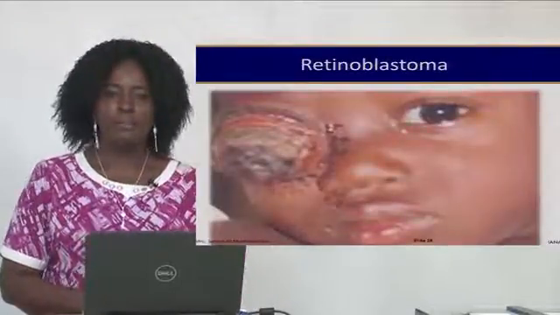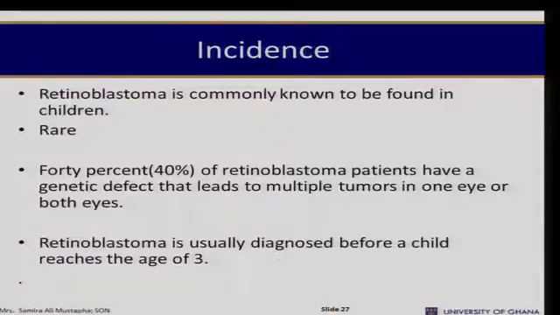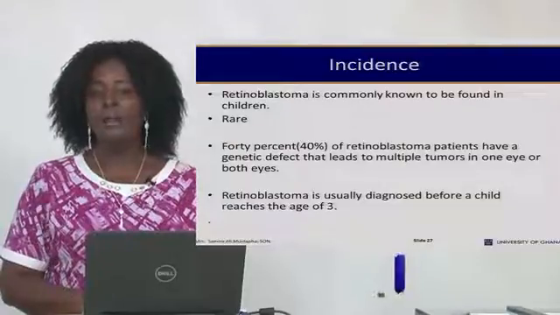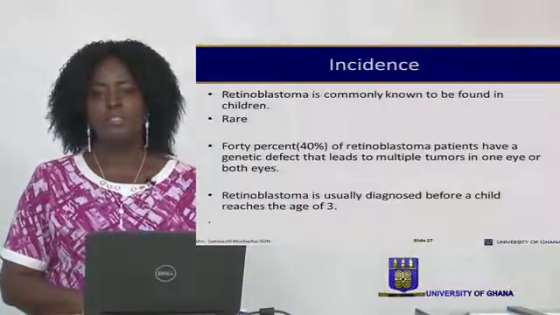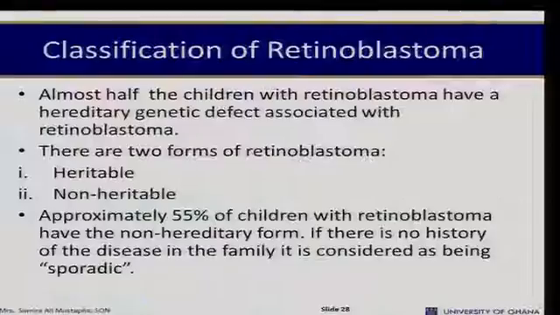This is a picture of an advanced tumor of the retina, and retinoblastoma is commonly found in children. We are saying that this condition is rare. However, it does happen, and it's usually diagnosed before a child reaches the age of 3. Classifications. We have classified it according to whether it is hereditary or acquired, non-heritable.